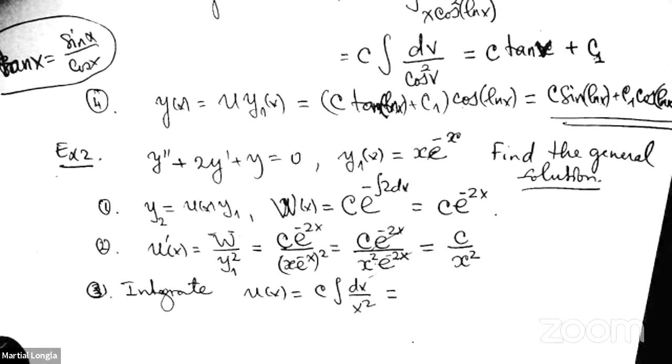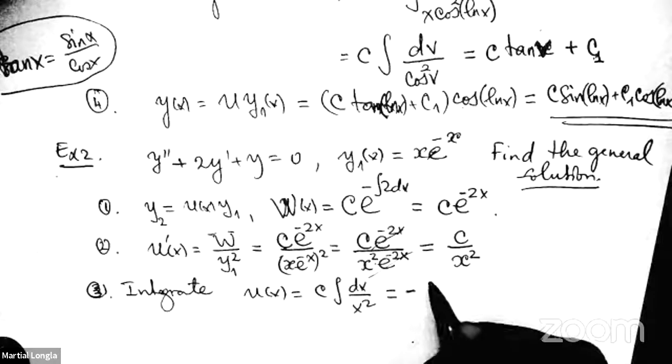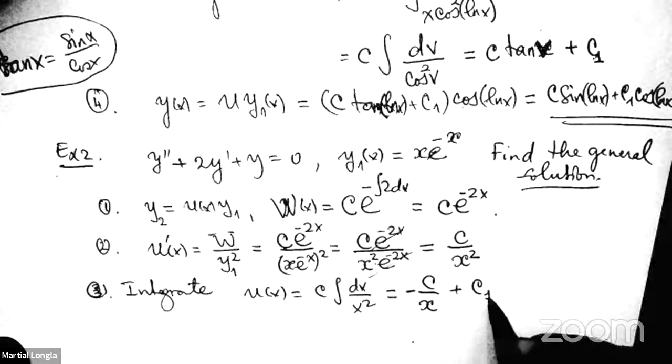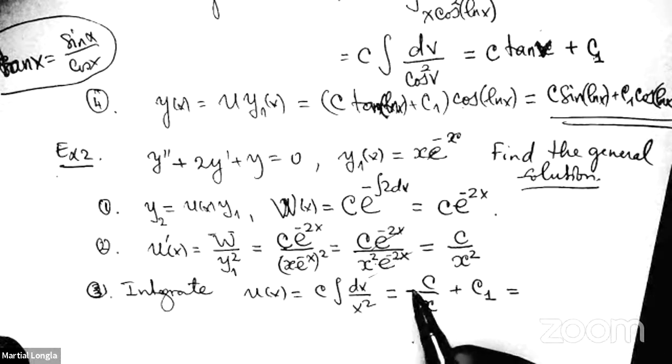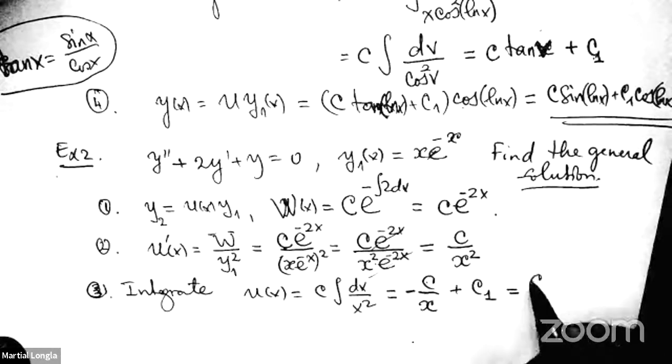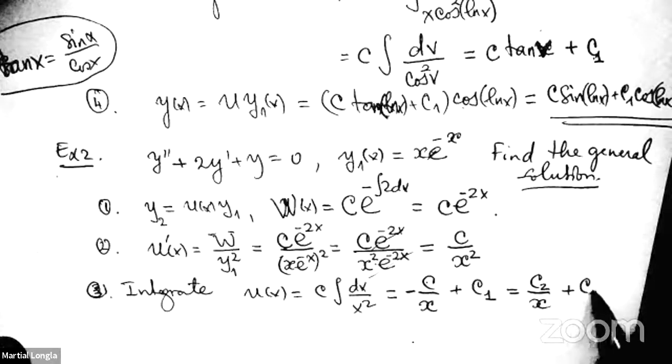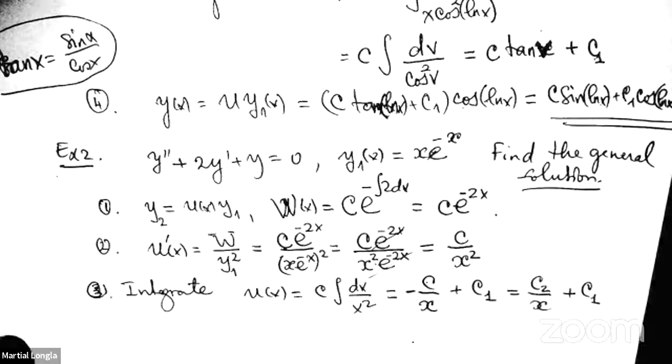Is it 1 over x or negative 1 over x? Negative 1 over x. So that's negative c over x plus a new constant. And now you can actually absorb the negative into the constant, so that becomes c2 over x plus c1, where c2 is the opposite of c.